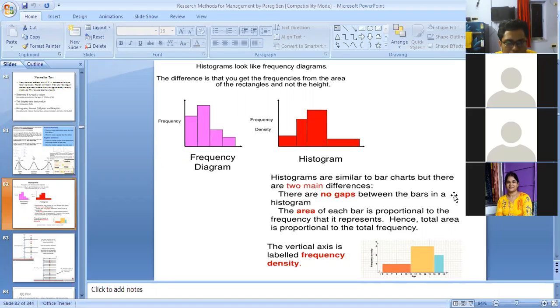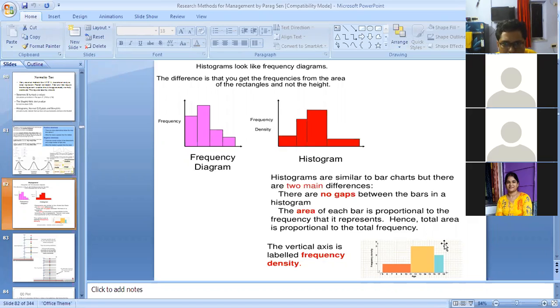But in case of a histogram, there will be no gap, and the frequency will be represented not by the height of the bars, but by the area of the bar. So along the y-axis you are representing the frequency density. Why?